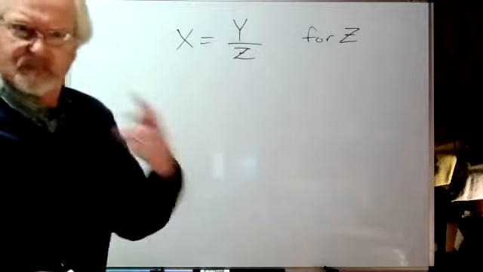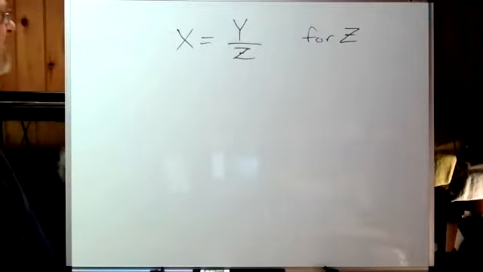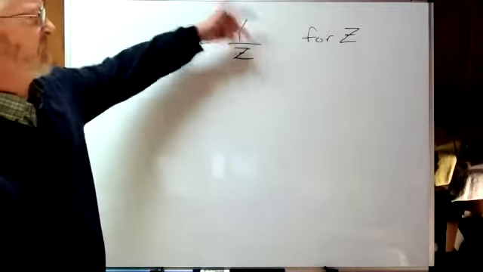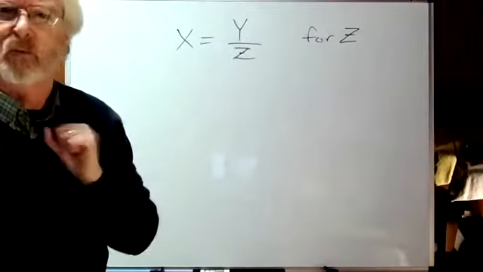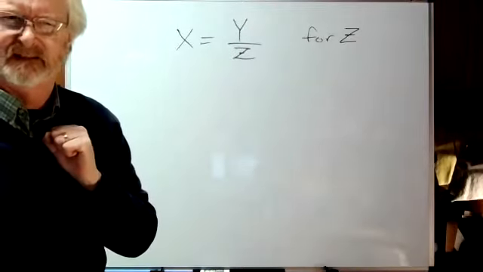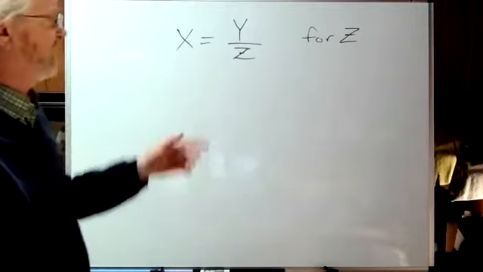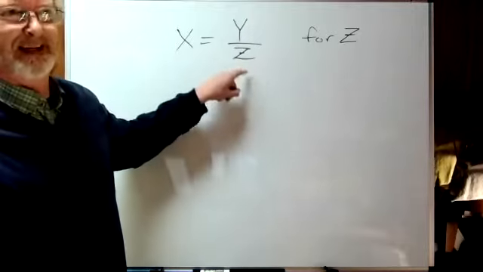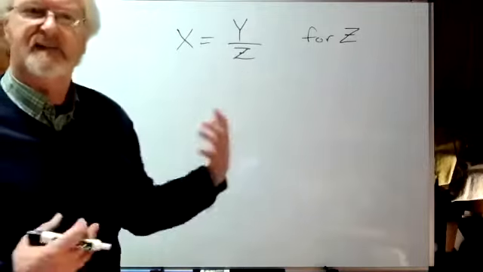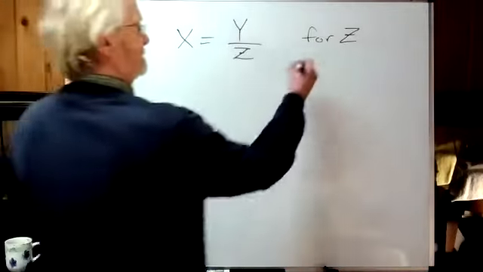Now, I had something else in mind, but let me think about that for a second. If I'm after the z and I flipped it, if I just multiply by the reciprocal and cancel everything out, I just get a 1. So I don't think that's quite it. Let me suggest this: what you're after is in the denominator, so you have to get it out of the denominator.